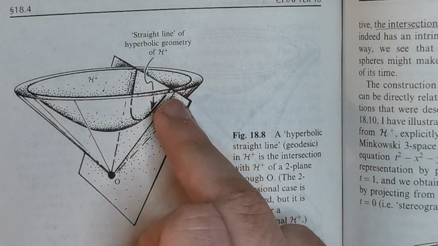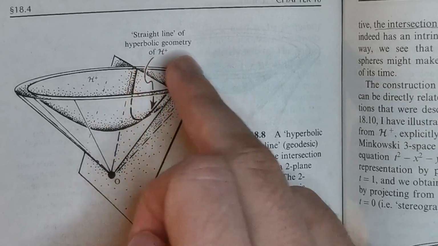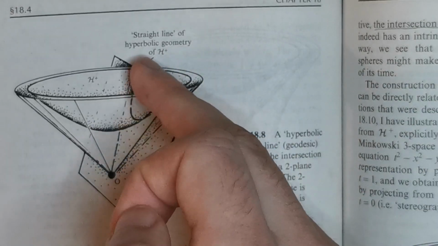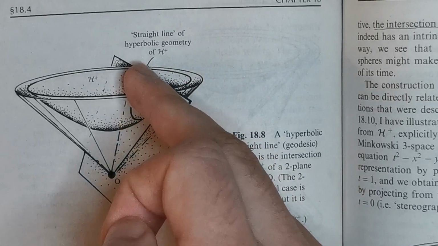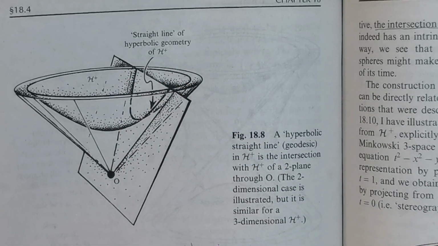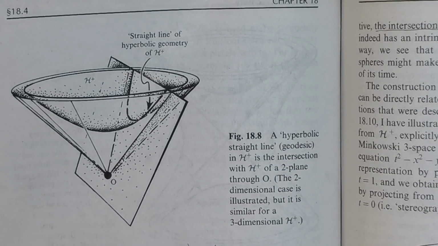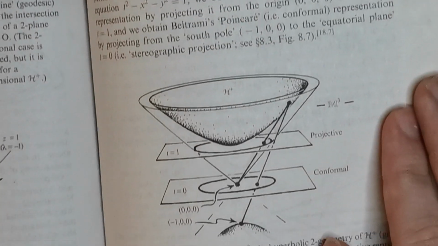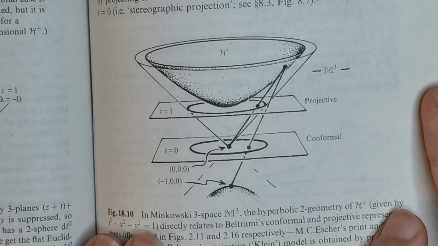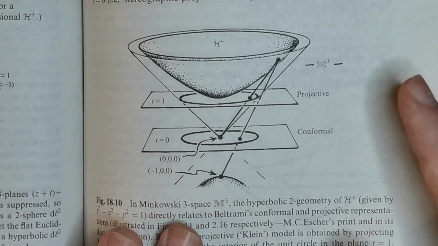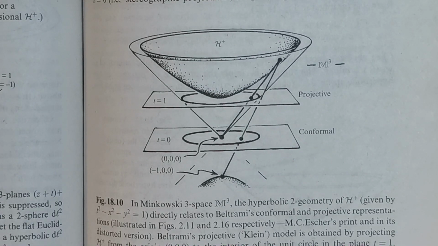Where those planes intersect those balls, in the intersection we will see a line which will be a straight line in hyperbolic geometry. And to obtain our representations from chapter 2, we need to somehow project our balls to the planes. Here on figure 10, we have a recipe how to do that.